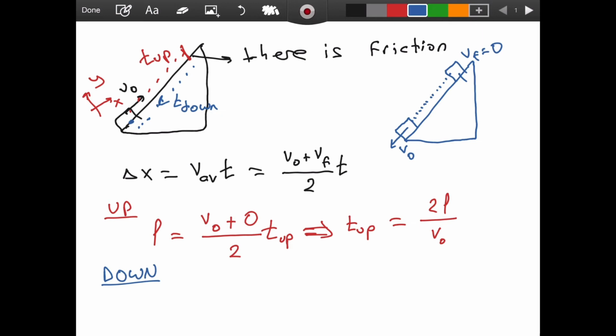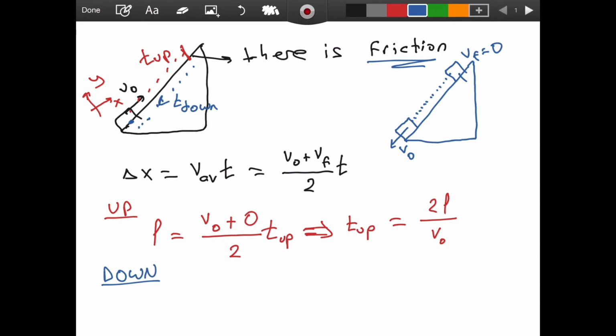No, we won't have v0, because for energy to be conserved, we need to account for the energy that was lost to friction. As I said, there is friction. So while we moved up and down on this inclined plane, there was some energy lost to friction. It might be in the form of heat, and it probably is mostly in the form of heat.